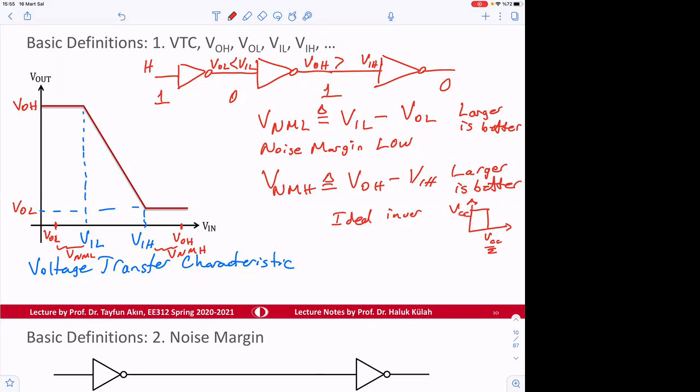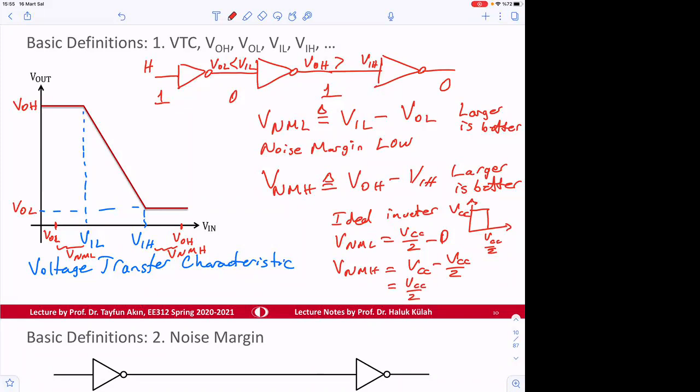And therefore, here for an ideal inverter, the noise margin low is 2.5 volts, like VCC divided by 2 minus 0. And the noise margin high is VCC minus VCC divided by 2. That is, again, 2.5 volts.